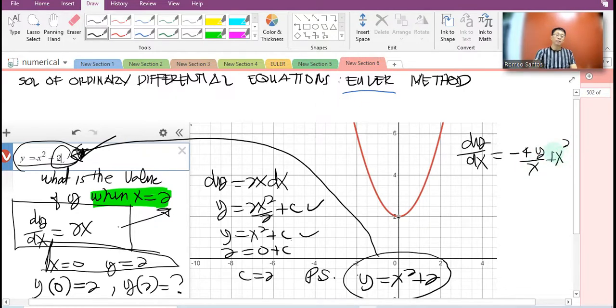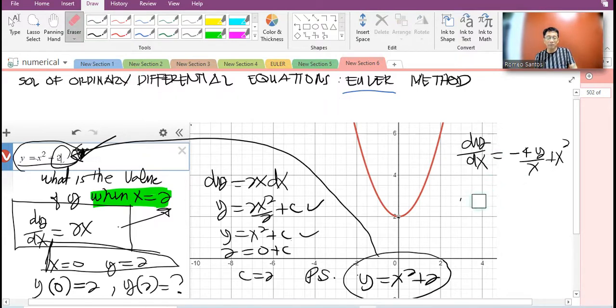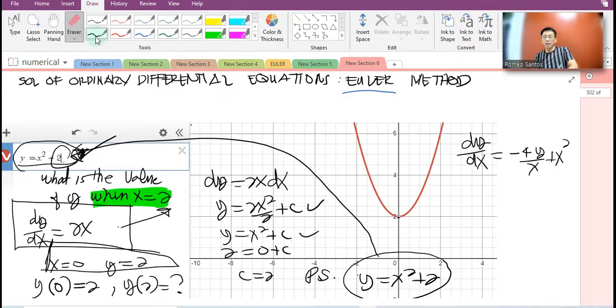Yan. So, paano mo isosolve yan? Now, if we cross multiply, we have x dy is equal to negative 4y, hindi pwede pa, yung solution natin dito, sa ordinary solution, ganito yan.